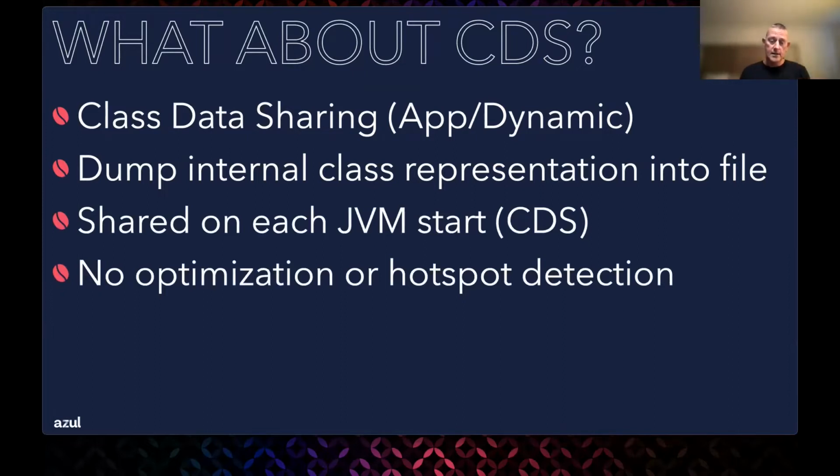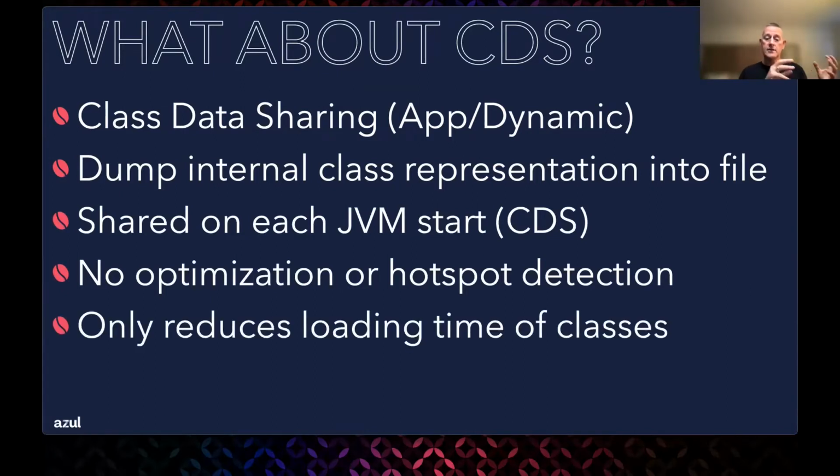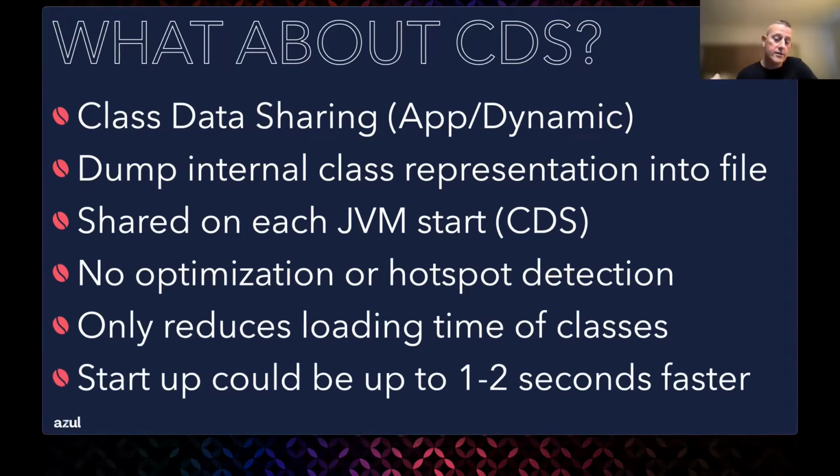But that also means there's no optimization or hotspot detection here, because this is just class loading, right? So that really reduces the loading time of classes, because it's an optimized way to load classes. These optimizations are stored in a file, and the next time the class is needed, it will just take it from this optimized file. This is the idea. And this could reduce the startup time by up to 1 to 2 seconds.